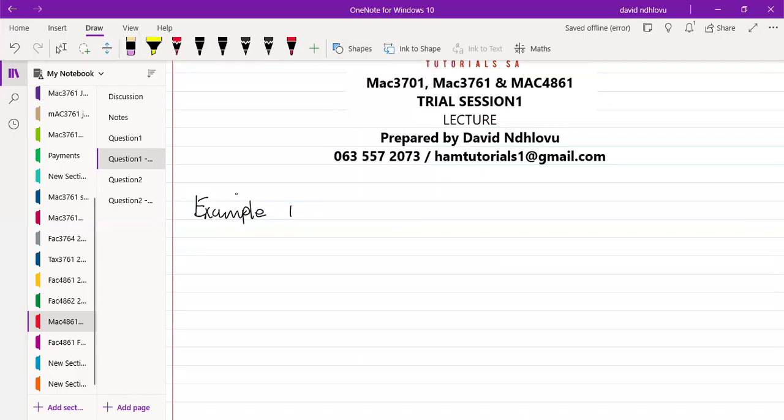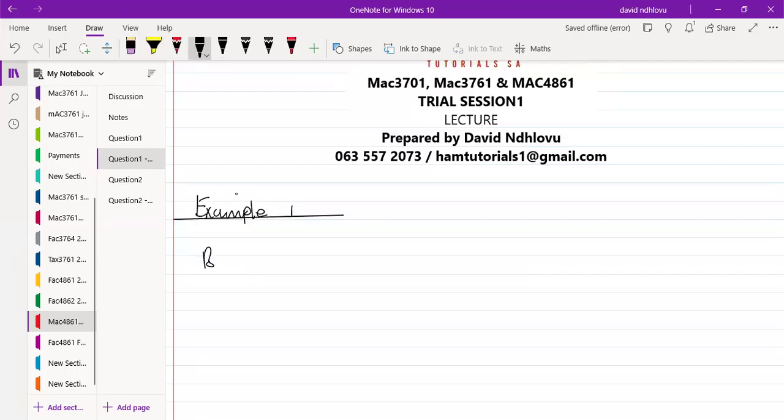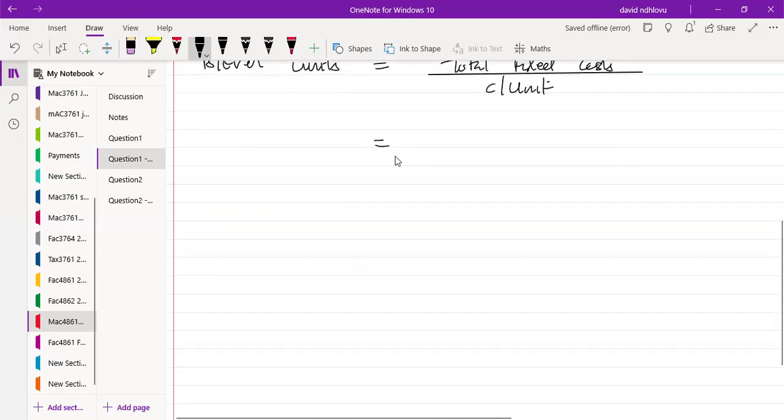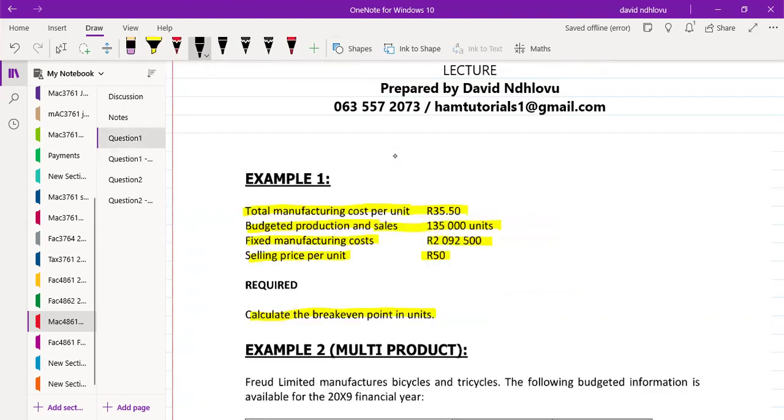Right, so the first thing that we need to calculate is break-even in terms of units, which is our total fixed costs, all of that divided by the contribution per unit. So we know the formula says total fixed costs divided by the contribution per unit. Are we given the total fixed costs? When we go to the question, we are given the total budgeted fixed manufacturing cost.